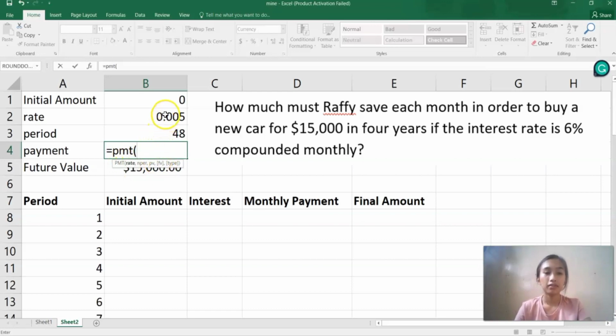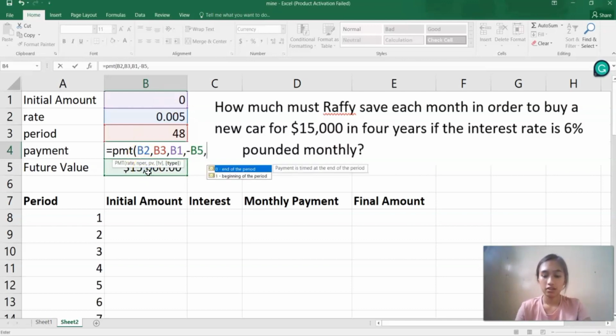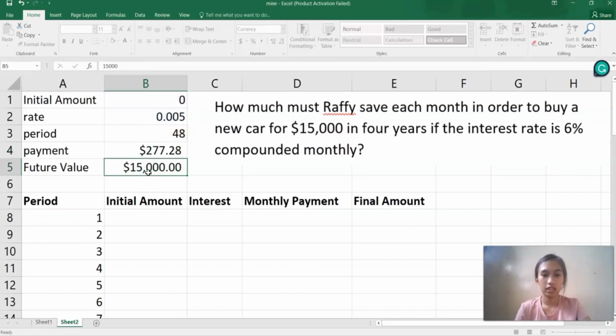So we have the rate, comma, don't forget to put a comma, period, initial amount, and then our future value. Then we have to put a negative sign, then click future value, and then 0 at the last, and enter.